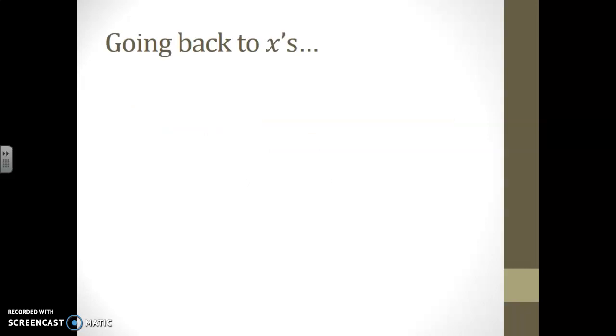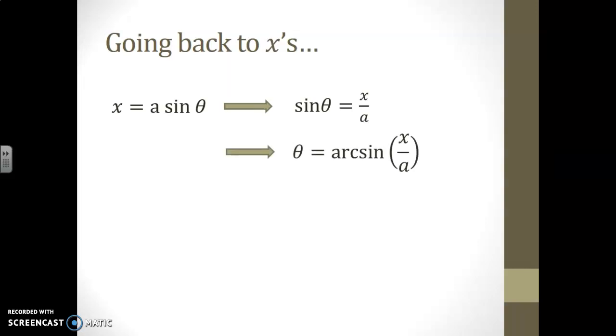As for going back to x's, remember that if x is a sine theta acts as our substitution, then that would be equivalent to saying that sine theta is x over a, or that theta is arcsine of x over a. In either scenario, you can imagine a triangle whose angle theta must create a sine that has x over a as its ratio.